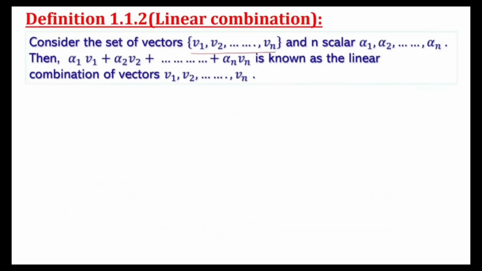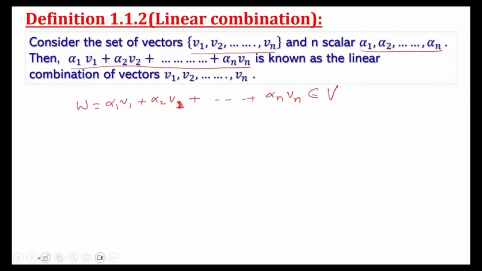If you have a set of vectors v1, v2, up to vn, and n scalars alpha 1, alpha 2, up to alpha n, then the expression alpha 1 multiplied by v1 plus alpha 2 multiplied by v2, and so on, is known as a linear combination of the vectors v1, v2, up to vn. If the vectors are from a vector space V, then by the closure property, as we discussed in the previous slide, this linear combination gives you a new vector which belongs to the vector space V.